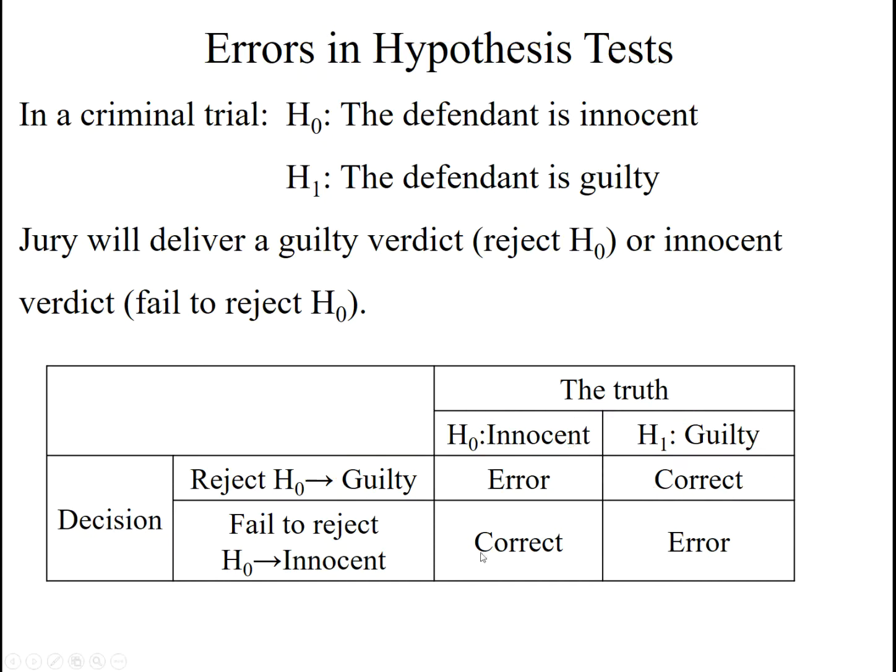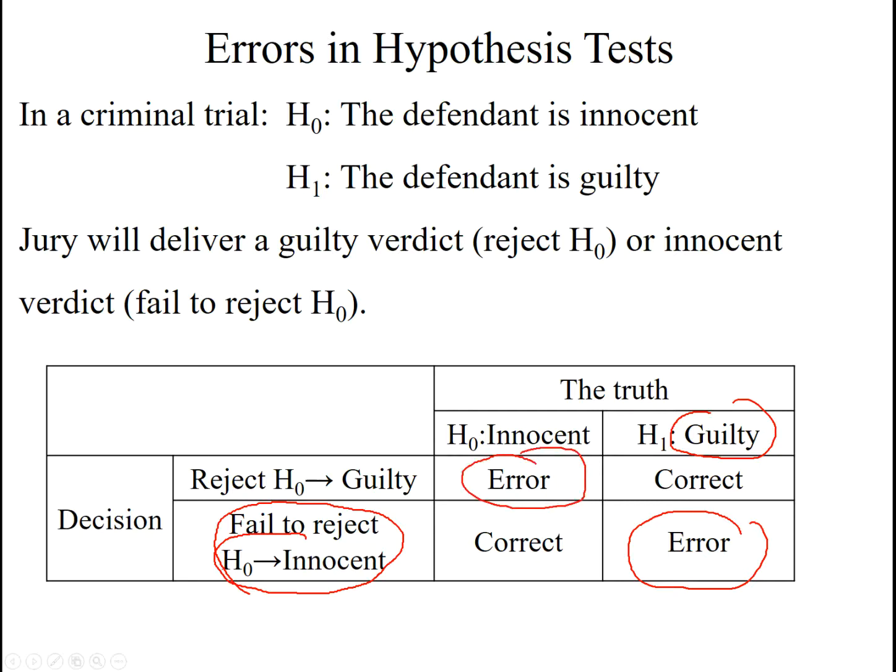So this is another correct decision. And the last one: the defendant is actually guilty, but there's not enough evidence for the jury to deliver a guilty verdict. In this case, the decision is fail to reject H0, which means the jury announced that the defendant is innocent. So this is another error.